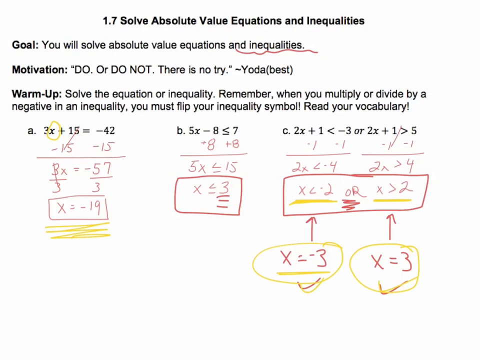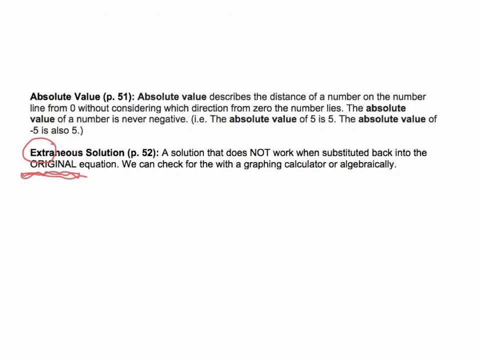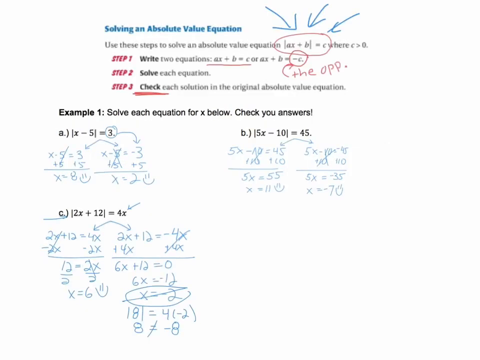So what I wanted to go ahead and do with you is remind you of a couple of things in our steps that still apply to today's lesson. There's step 1, step 2, step 3, yes, but above all, you're going to need to make sure that your equation is in the right form to start with.